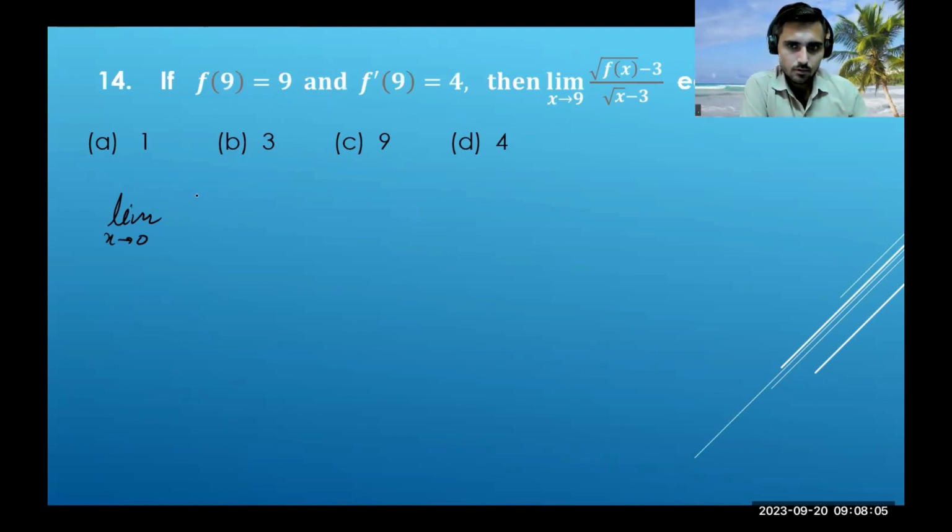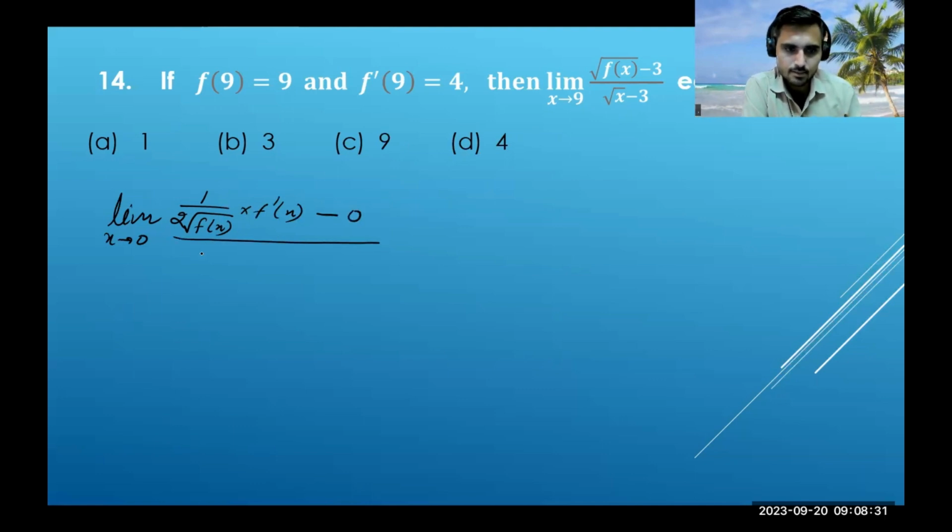So 1 upon, we'll just apply the chain rule, and we'll first differentiate the square root of f x, which is 1 upon 2 into square root, and now we'll differentiate f x, which is f dash x, and 3 is just a constant, so it will become 0, right?